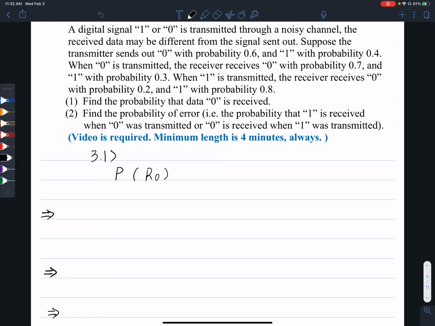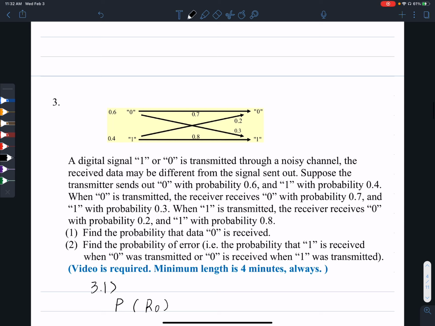The first part, as we can see in the figure: the transmitter sends out data 0, and on this condition, the receiver may receive data 0 or data 1. So we need to calculate this part.